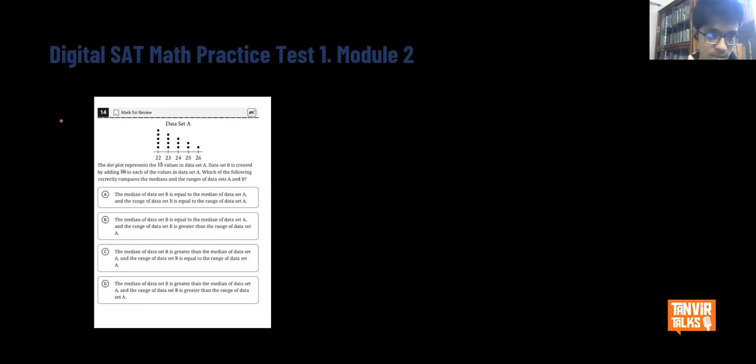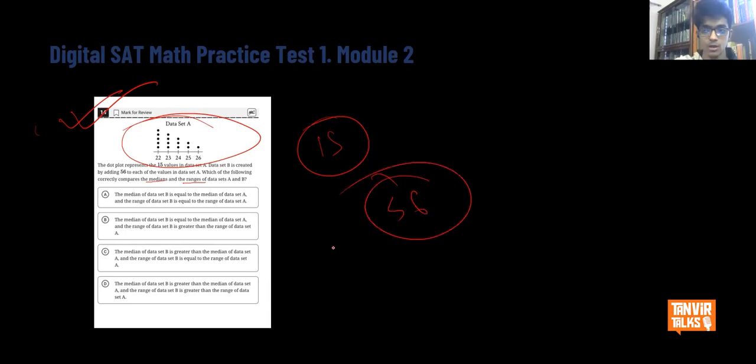Okay, this problem might be interesting. It says the dot plot represents 15 values in a dataset, dataset A. Dataset B is created by adding 56 to each of the values in dataset A. Which of the following correctly compares the medians and the ranges of dataset A and B? So this is interesting. The data points here are dataset A, right? 56 is added to each of these data points, and by adding that we are creating another dataset, right?